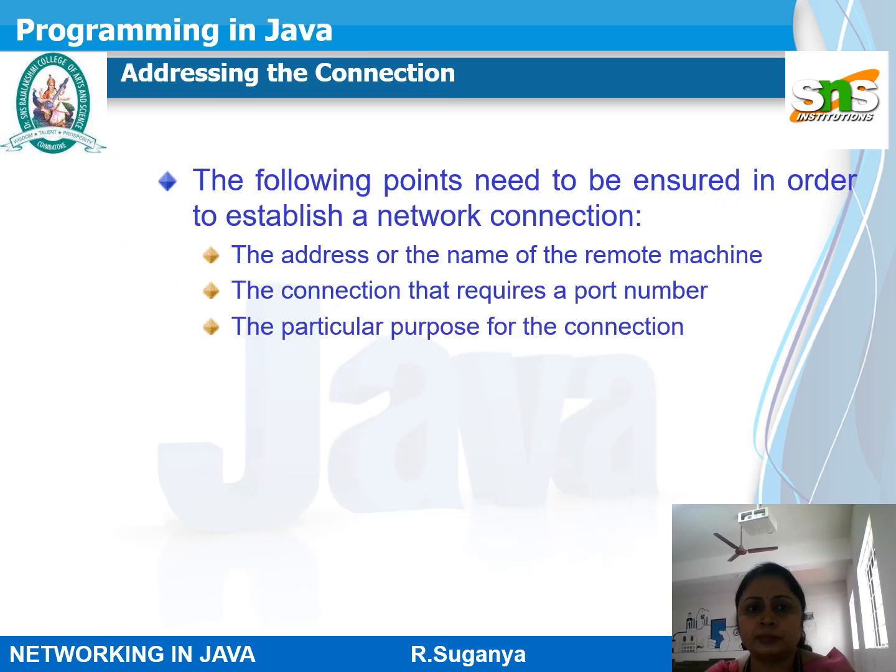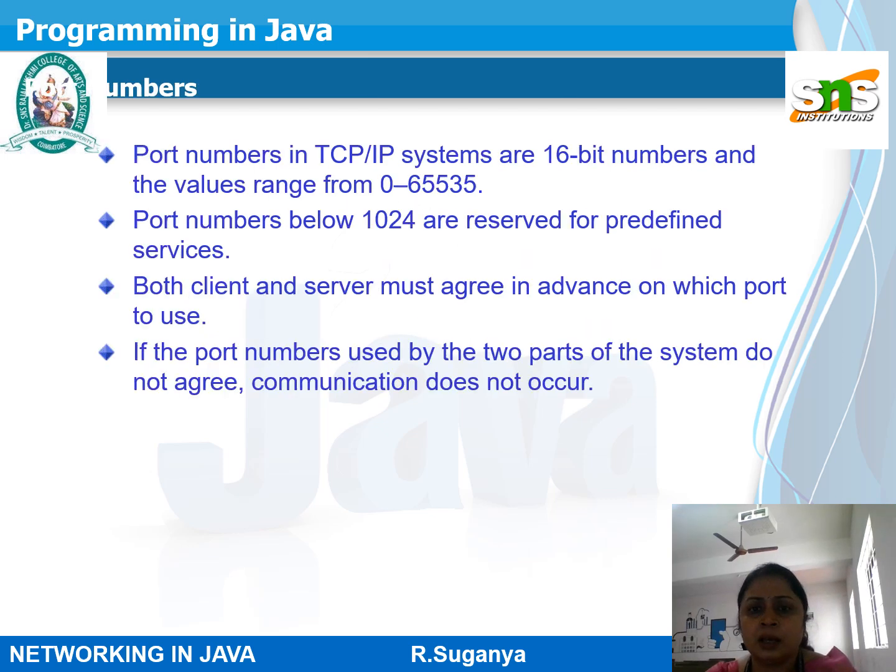How do we address these connections? First we need the address or name of a particular host, then we need a port number, and then we need a connection. These three things are the main ones to address a particular connection. Port numbers in TCP/IP start from 0 to 65,535.